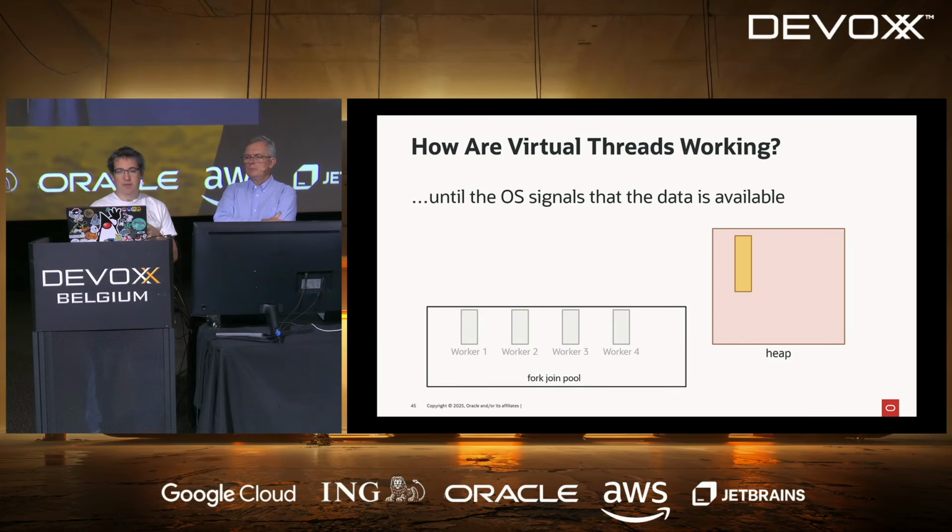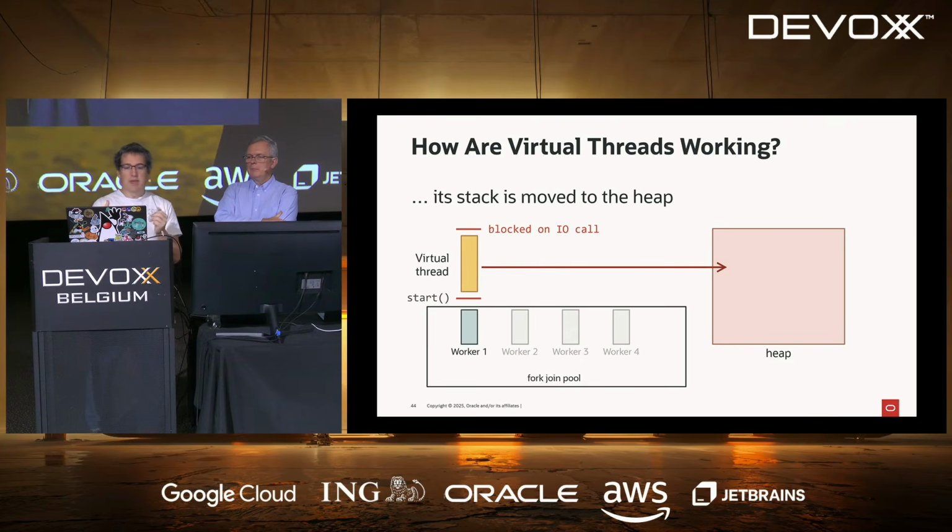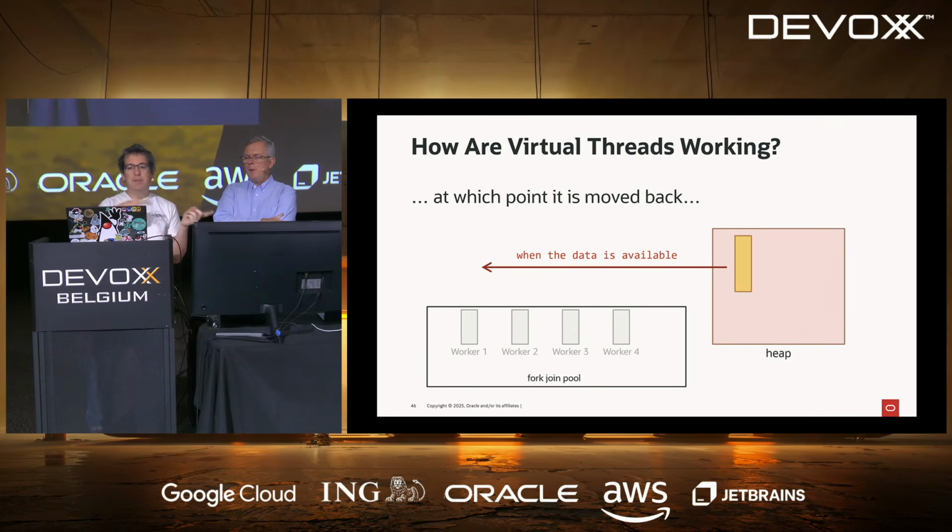After some time, the OS will say the data are available, you don't need to block anymore, and you can copy back the stack on one of the worker threads. So it can be on the same thread. You want it to be on the same thread because you already have the caches that are hot and so on. So if it can be on the same thread, this is great.